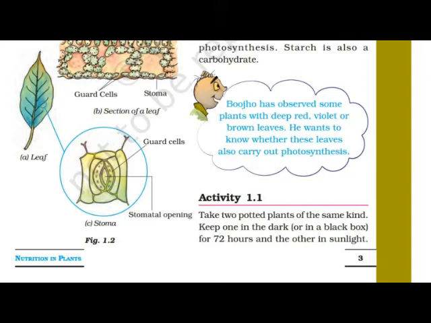So again we can understand that algae also prepare their own food with the help of the process named photosynthesis. Algae that we see in stagnant water or in ponds have a green color which contains chlorophyll, and can also prepare food by the process called photosynthesis.